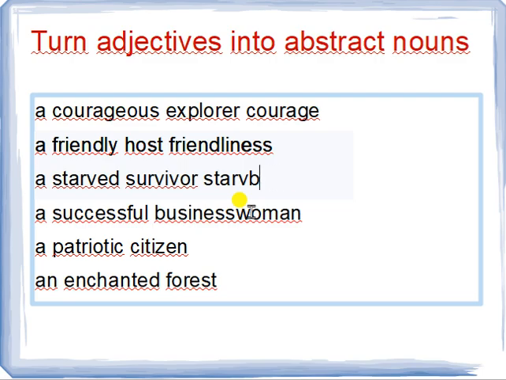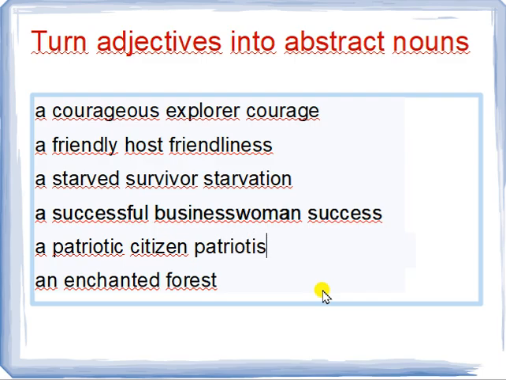Without a B. What has this businesswoman created for herself? Success. This citizen has the quality of, not pastry, but patriotism. And this forest has the quality of enchantment.